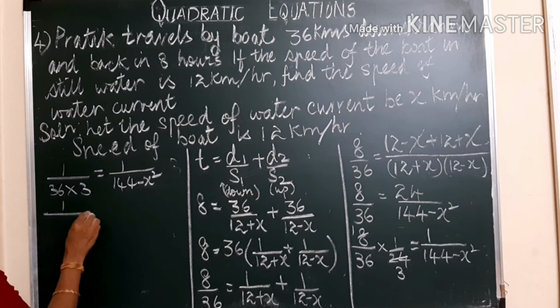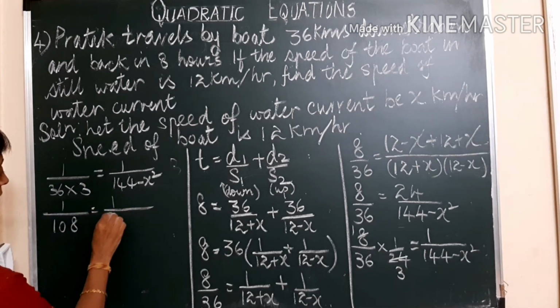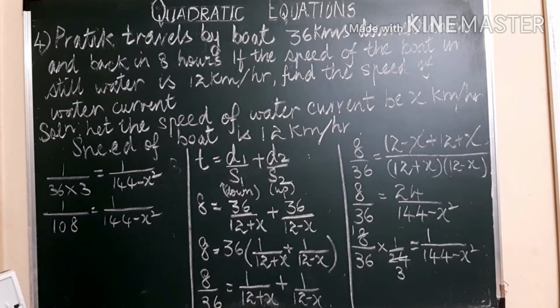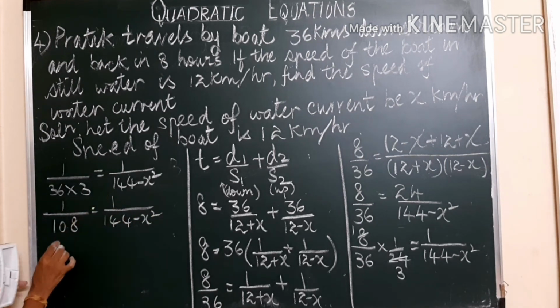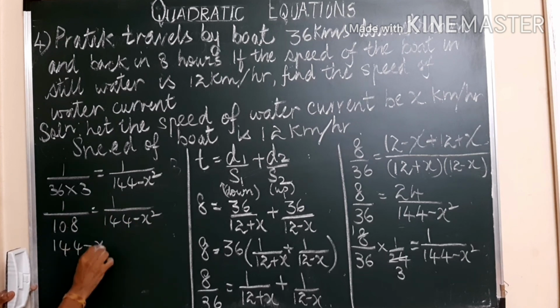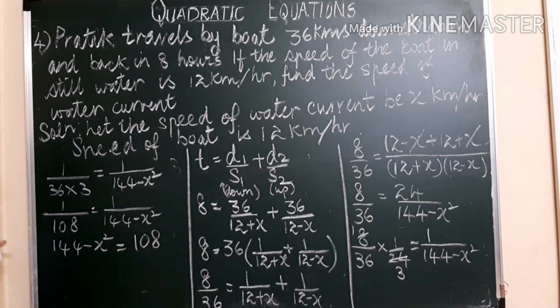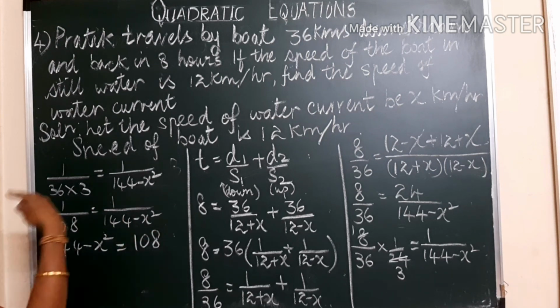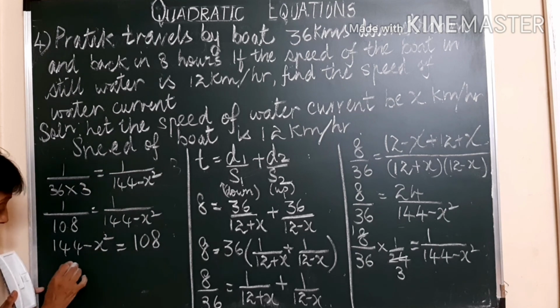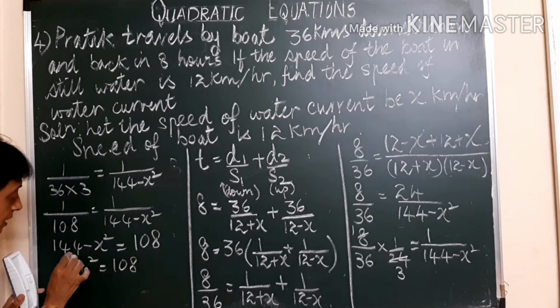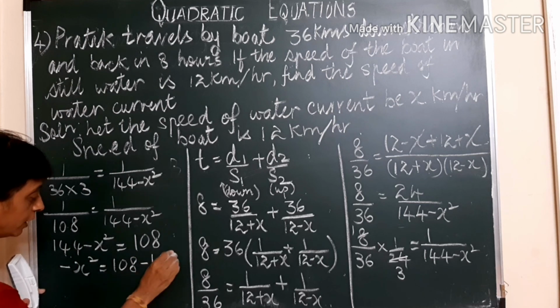So 1 upon 108, which is equal to 1 upon 144 minus x squared. Let's cross multiply. 1 into this term will be the same term itself, which is equal to 1 into 108 gives you 108. Let's take 144 on the other side. So you're left with minus x squared, which is equal to 108 minus 144.